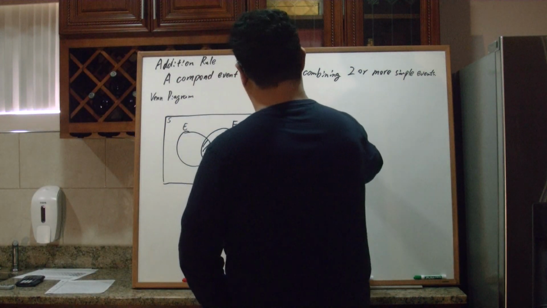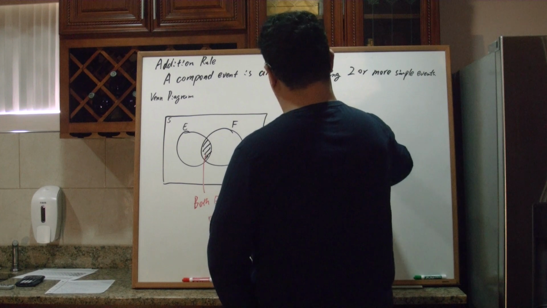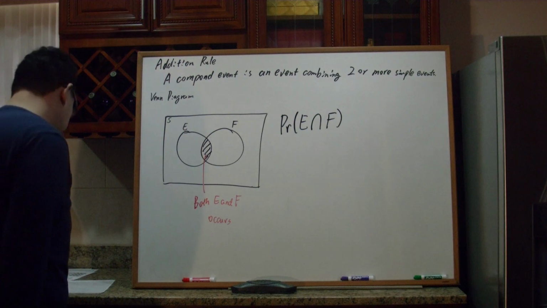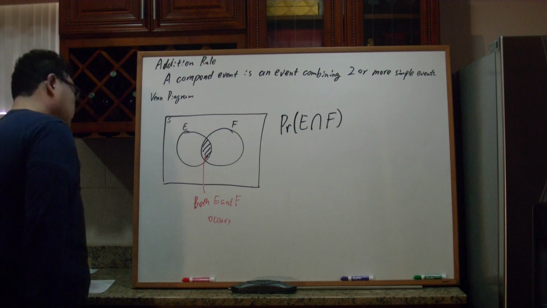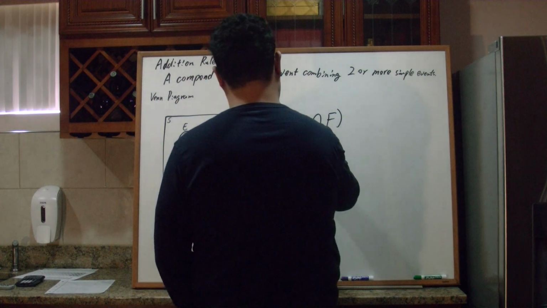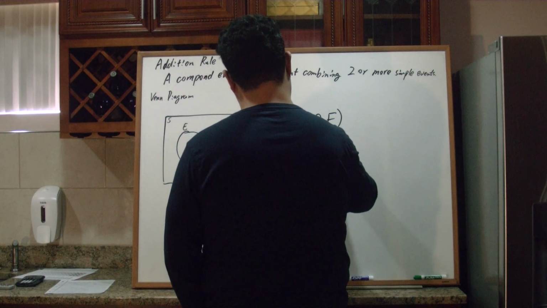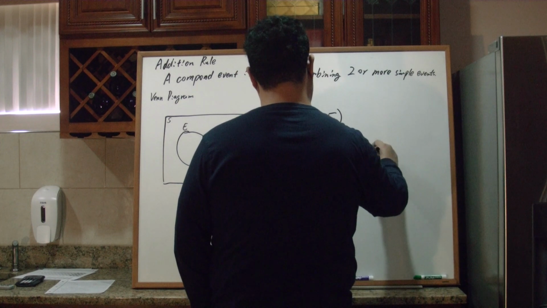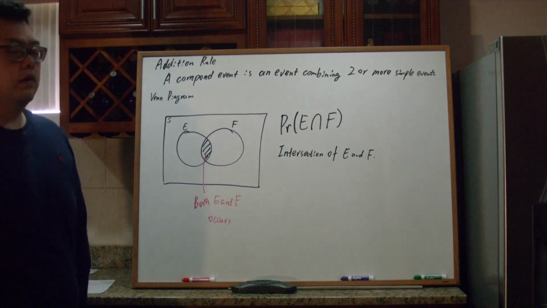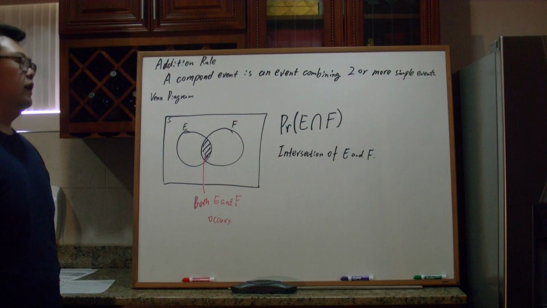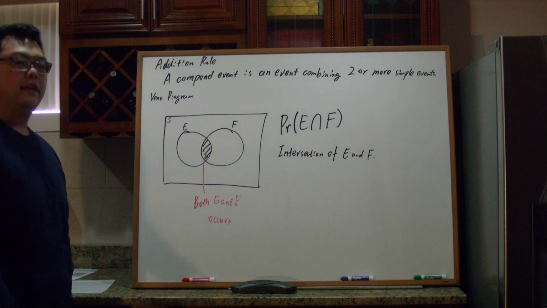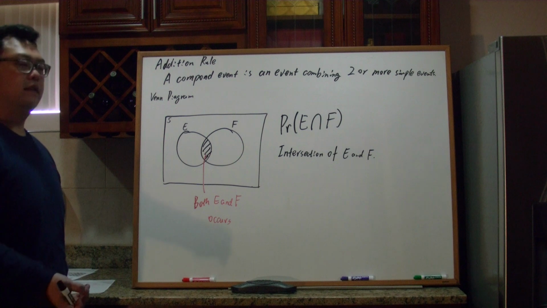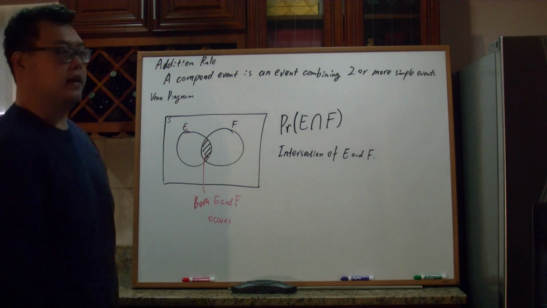So we could consider that as the probability of E and F, where both E and F occur, the intersection of E and F. So for instance, to get a red card and get an ace, which means that we will get a red ace.